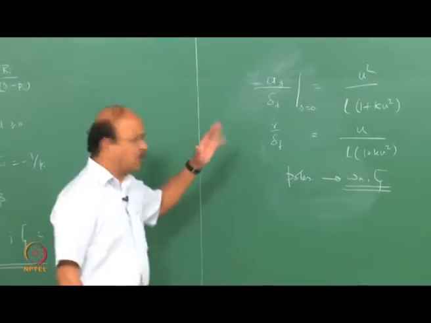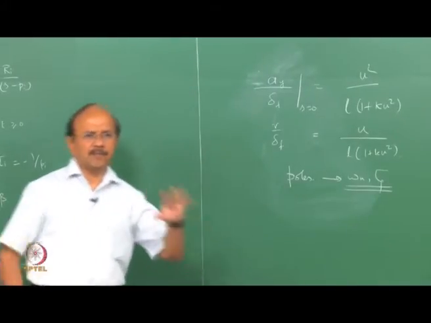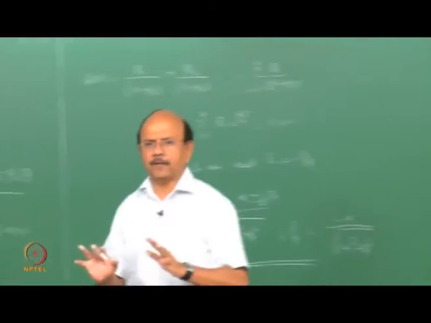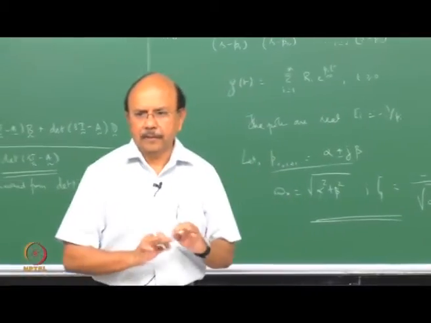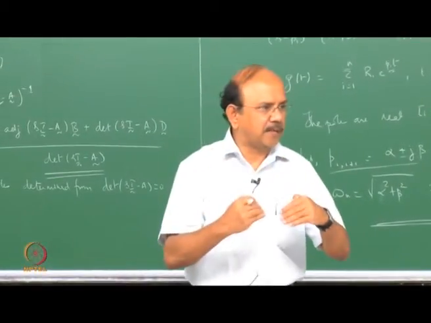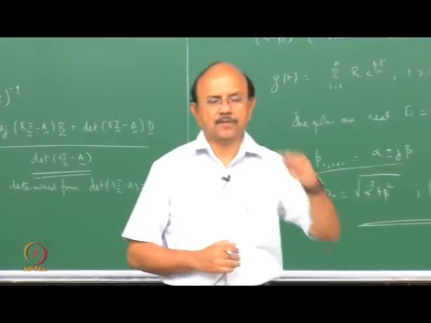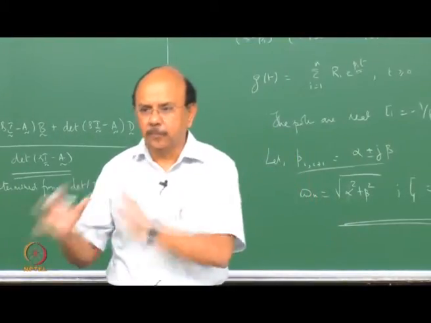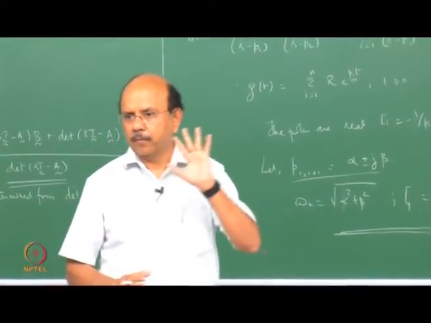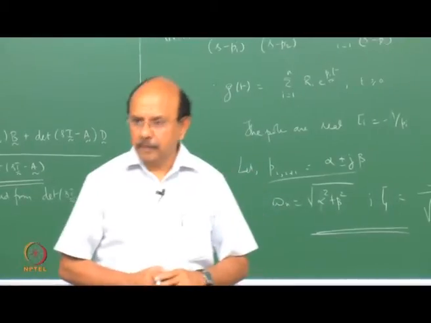I'm going to write down now a series of equations, very simple algebra. I'm not going to derive that step by step because that's going to take a lot of time. I'm going to write down all these equations because interpretation becomes important.